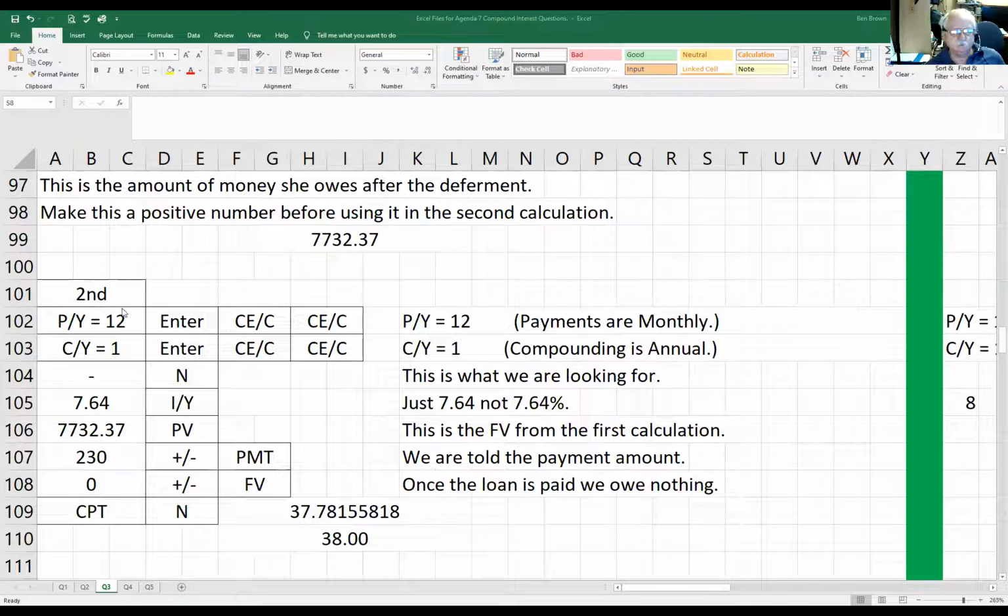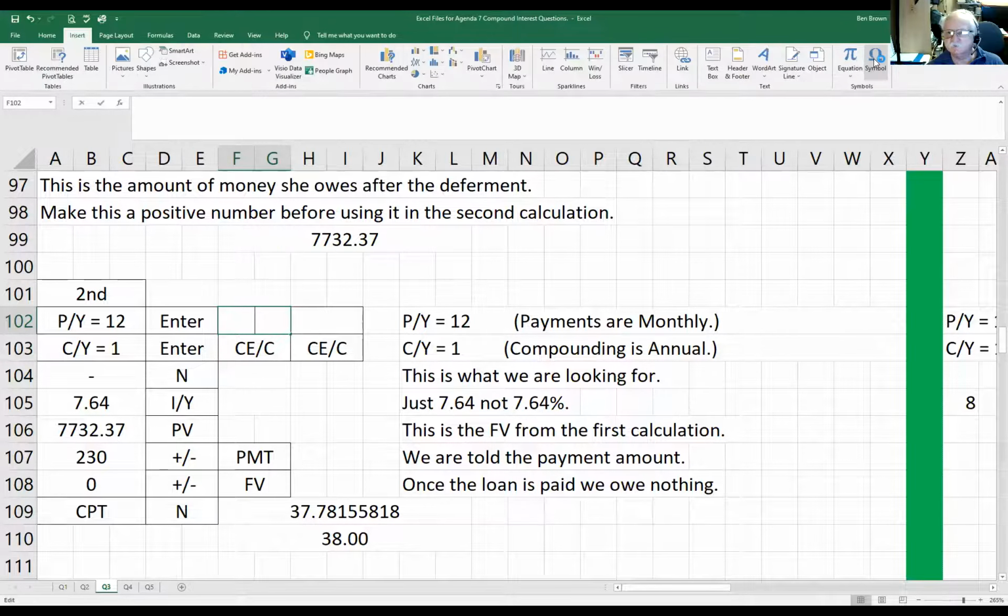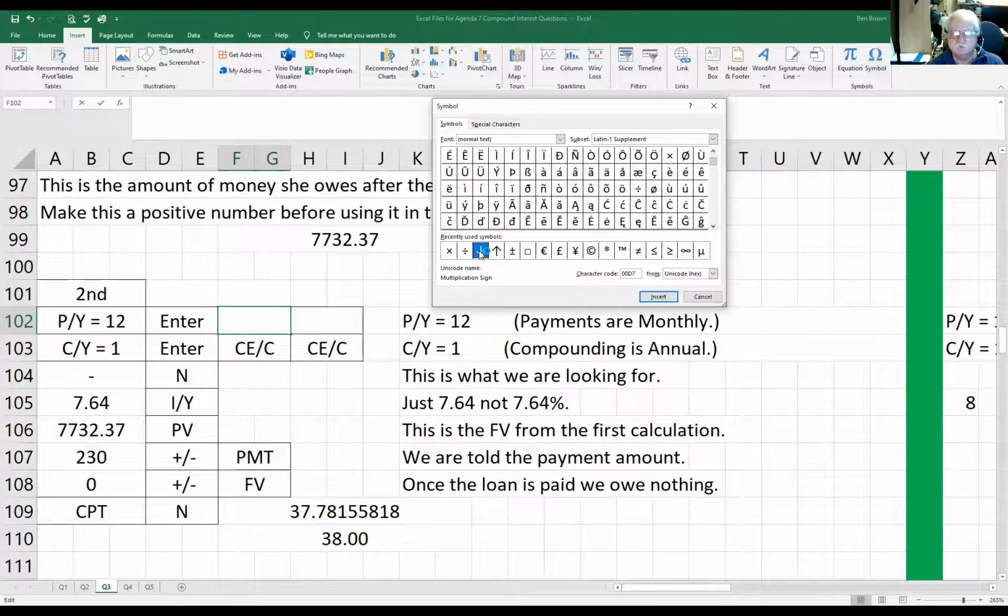And in this time period, we have to set the payments, which are monthly, separately from the compounding, which is annual. So, I can see that I've slightly screwed this up. Let me try and fix this. These should not say clear here. What these should say is symbol, down arrow, close.